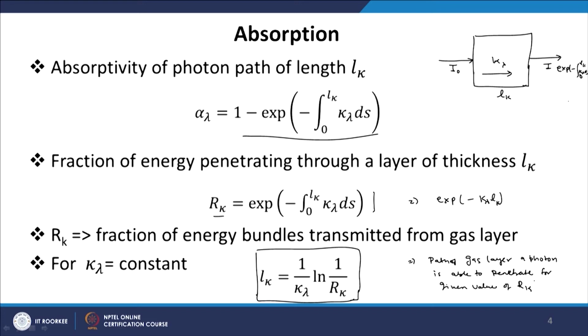If the random number Rκ is chosen, then the maximum length a photon can penetrate is given by this relation. So Lk is the maximum thickness of the gas layer the photon can penetrate before it is absorbed for this given value of Rκ.